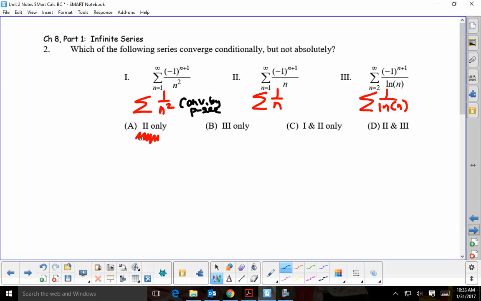So this one would be absolutely, so it's out. So I can cross out one of the ABCDs. Okay, what about double I? Okay, so that one diverges by the p-series. So then we have to go and look at the original.